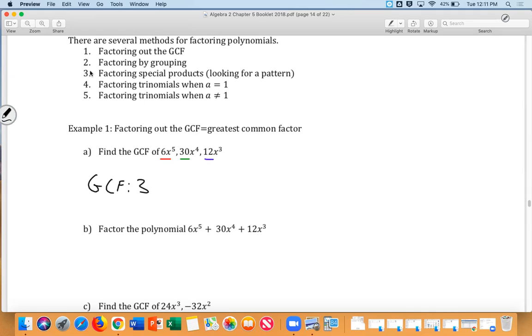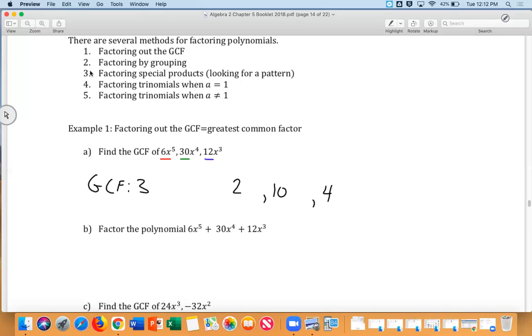If I do 6 divided by 3, I'm left with 2. I'll get to the x's in a second. If I do 30 divided by 3, I have 10. And if I do 12 divided by 3, I get 4. At this moment, you look at it and see, can anything else come out?